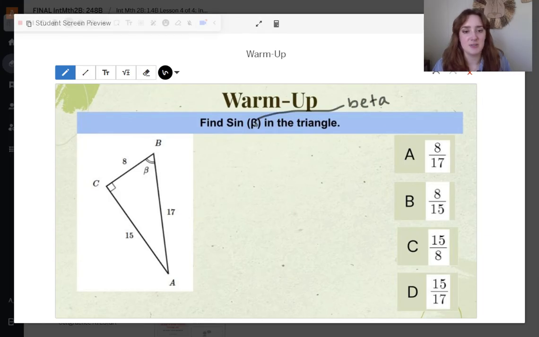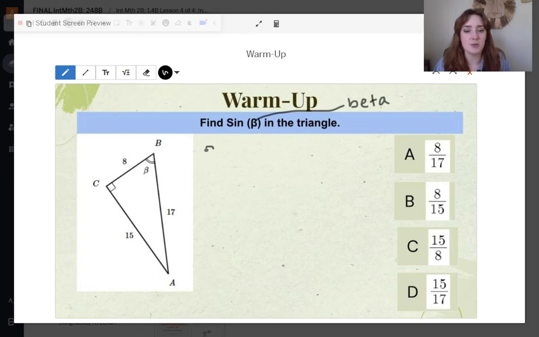This is another Greek symbol, like theta. Theta, beta, there's also alpha, which looks like that, but anyhow, beta is just an unknown, we just use this for an unknown angle measurement. So we want to find sine of this angle.